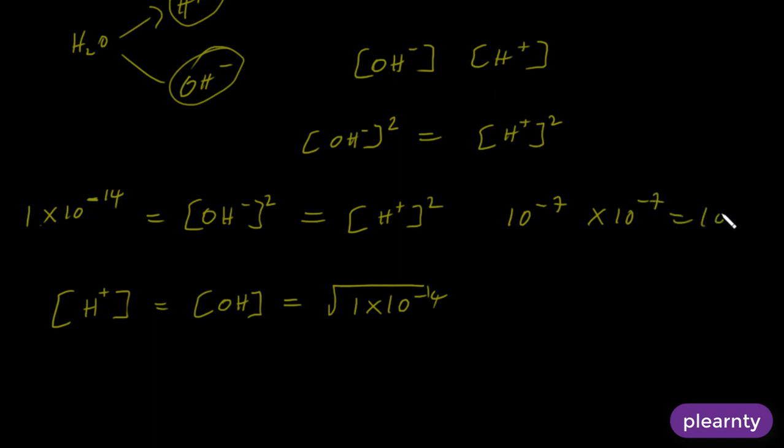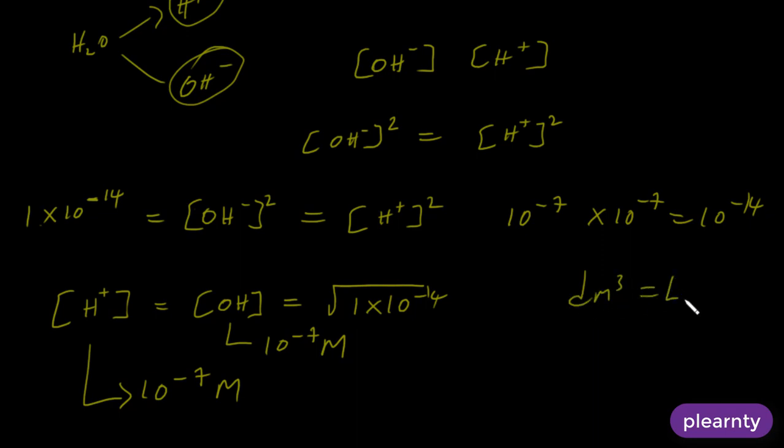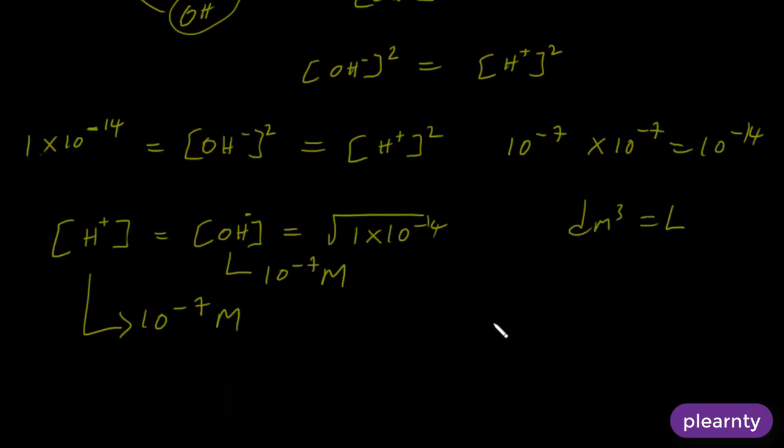That is going to give you 10 raised to power minus 14. So the concentration of H plus is 10 raised to power minus 7 mole per dm cube of water, and this is also 10 raised to power minus 7 mole per dm cube of water. Dm cube is same as liter. Now this is telling us that for every 1 liter of water, you have 10 raised to power minus 7 mole of H plus and of OH minus.